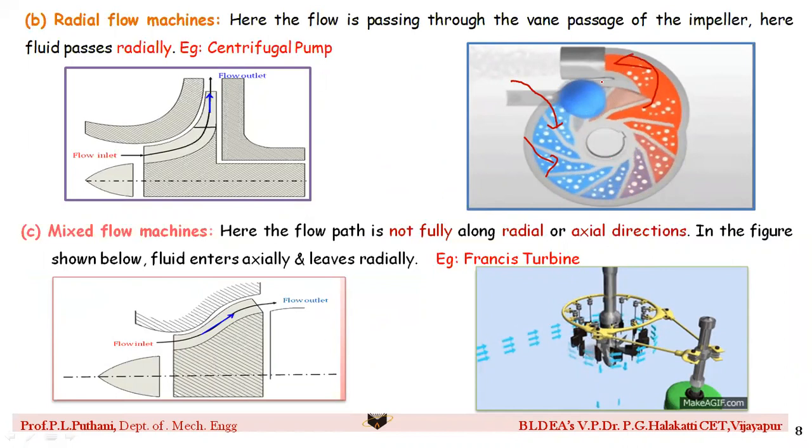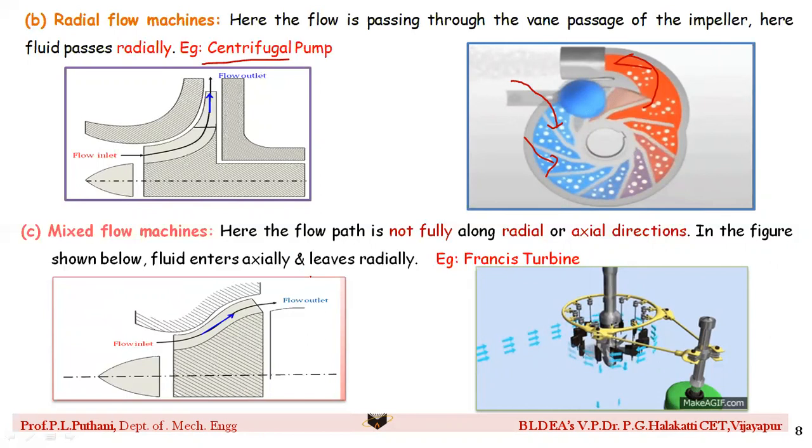The flow passes through the vane passage of the fluid passages. We call them radial flow machines. The best example for this is the centrifugal pump.